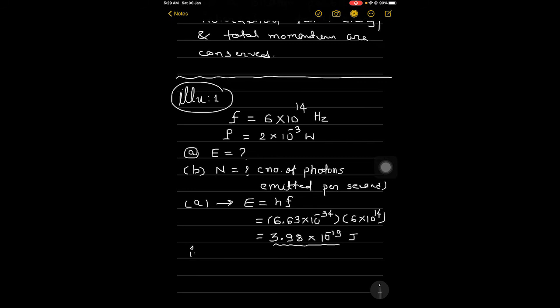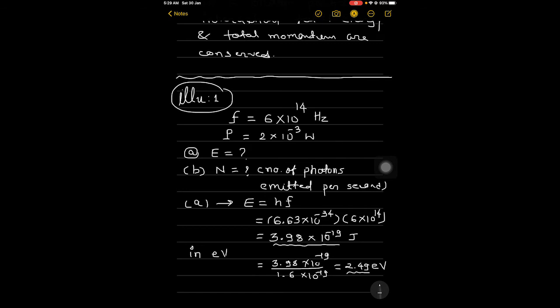So in electron volt it will be 3.98 into 10 raised to minus 19 joule divided by 1.6 into 10 raised to minus 19, and 3.98 divided by 1.6 gives us about 2.49 eV.